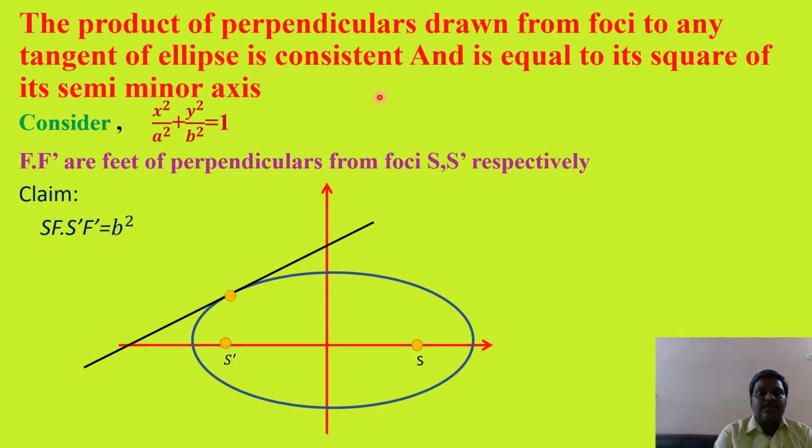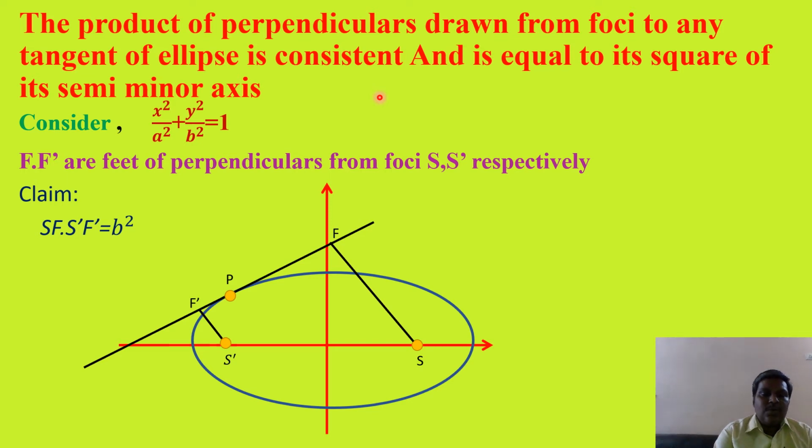This is the point of contact of the tangent, right? Therefore this is P, say. Now draw perpendicular from S dash to the tangent, that is S dash F dash. Draw another perpendicular from S to the same tangent as shown in the figure, that is SF.